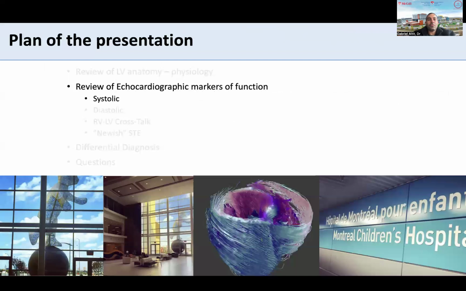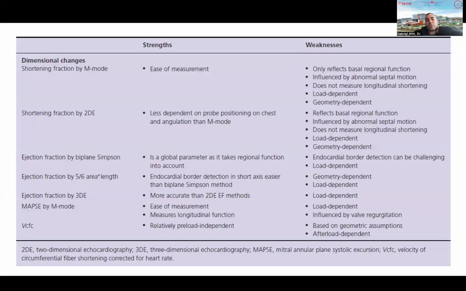So systolic function, there's many ways of reflecting these different components of the LV function, systolic function and contraction. We've classically used shortening fraction, which is actually looking at only one angle through one cut of a 2D plane. So we'll look at the end diastolic diameter versus the end systolic diameter.